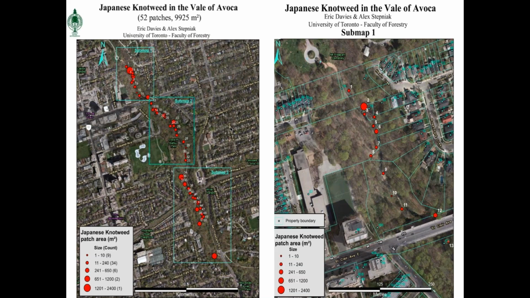And what we did was overlay the City of Toronto's property maps onto this larger scale map that gives you an idea of where these Japanese knotweed patches actually are, because this will now help us to target options for management, and whether it is individual homeowners or whether it is actually TRCA and the city. And so this is where we're moving forward.